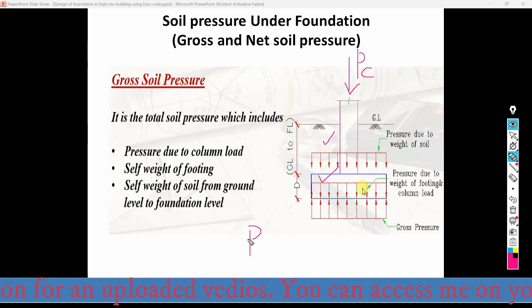So we are calculating the gross soil pressure, which equals PC over the area of the footing, PC over A, plus gamma of the soil times depth of the soil.